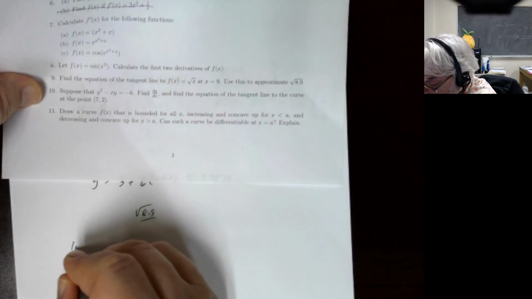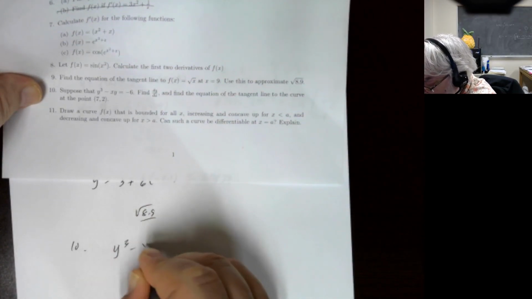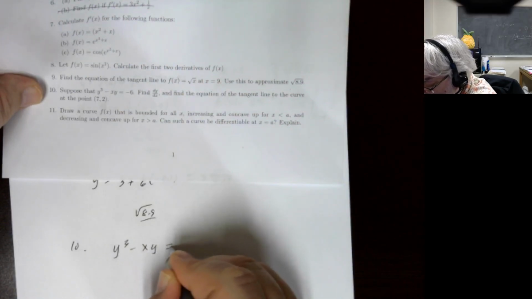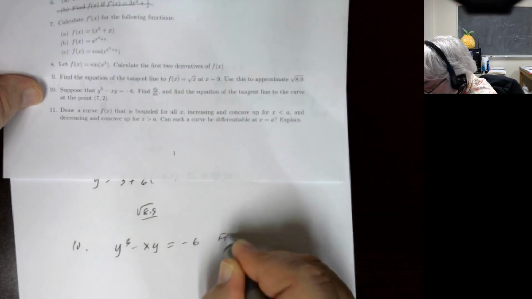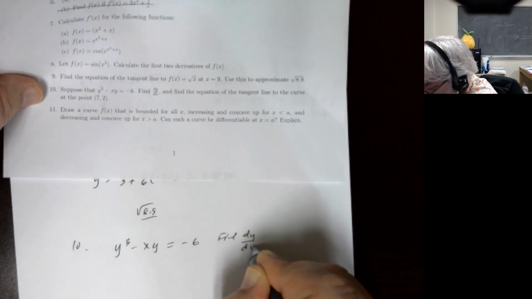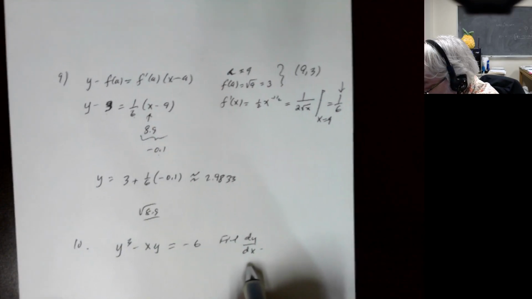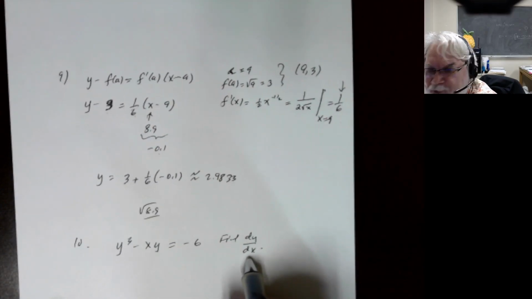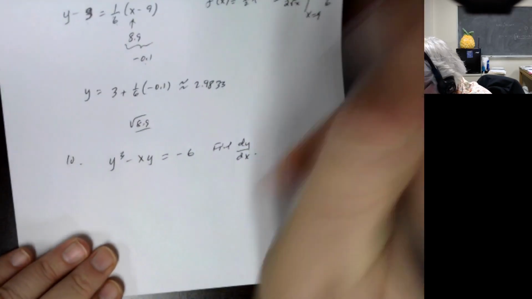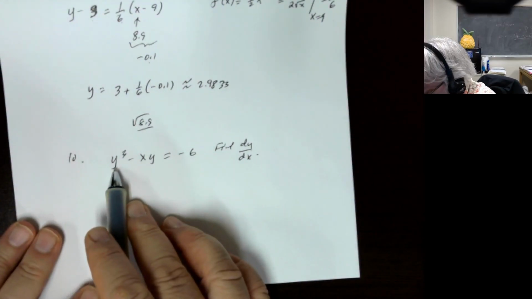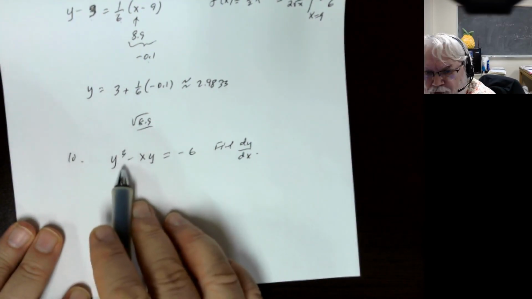Number 10. y cubed minus xy equals minus 6. Find dy over dx. So remember, this is telling us that y is a function of x. So therefore, when we differentiate, we're treating this like it was f of x cubed, right?